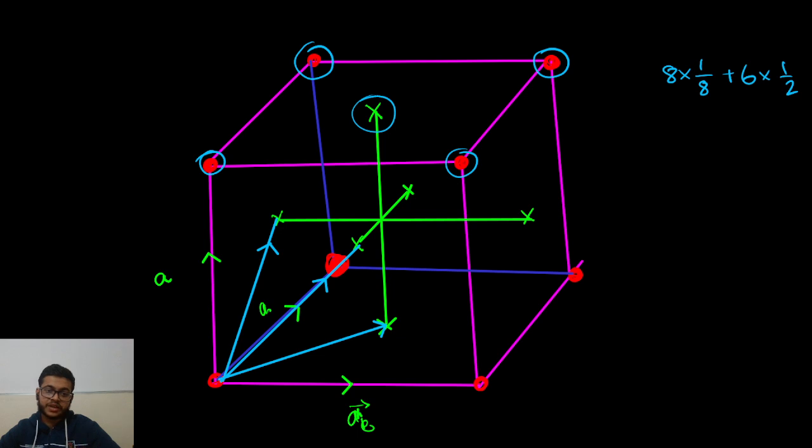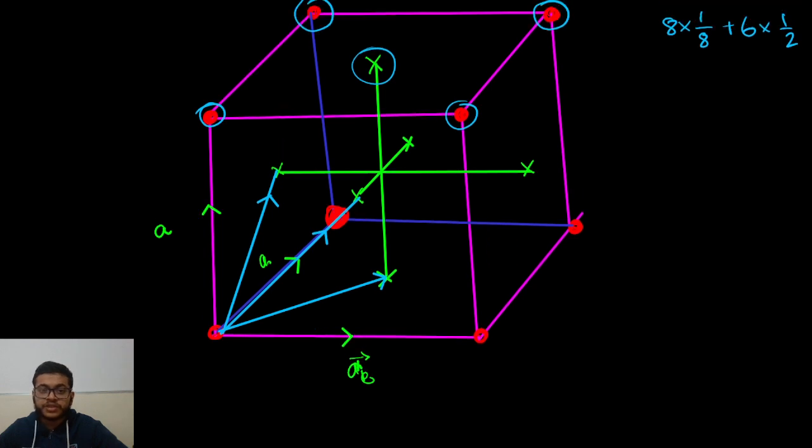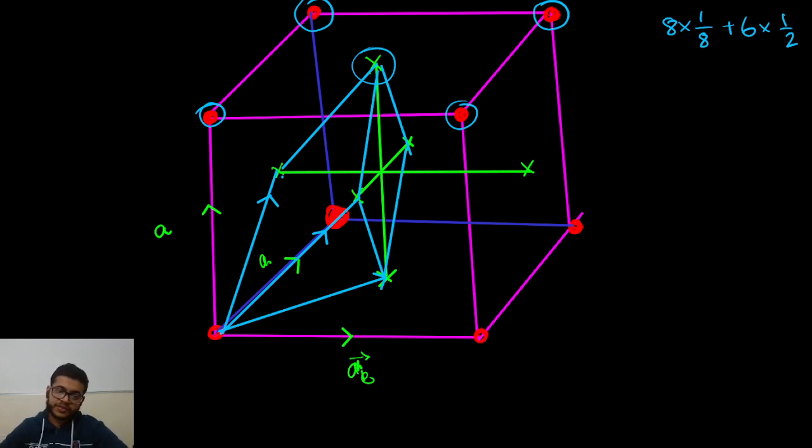So if you see how the primitive lattice looks, you can see this is the primitive lattice. The drawing is pretty bad, but this is what the primitive lattice looks like.